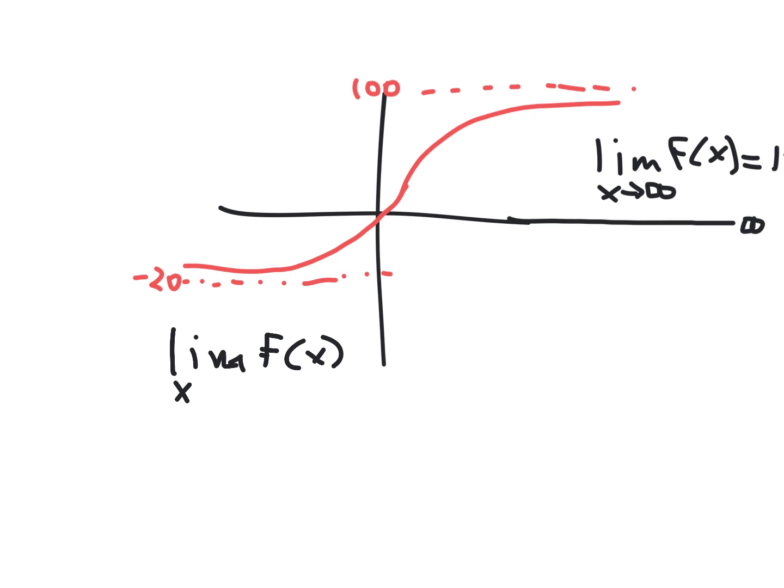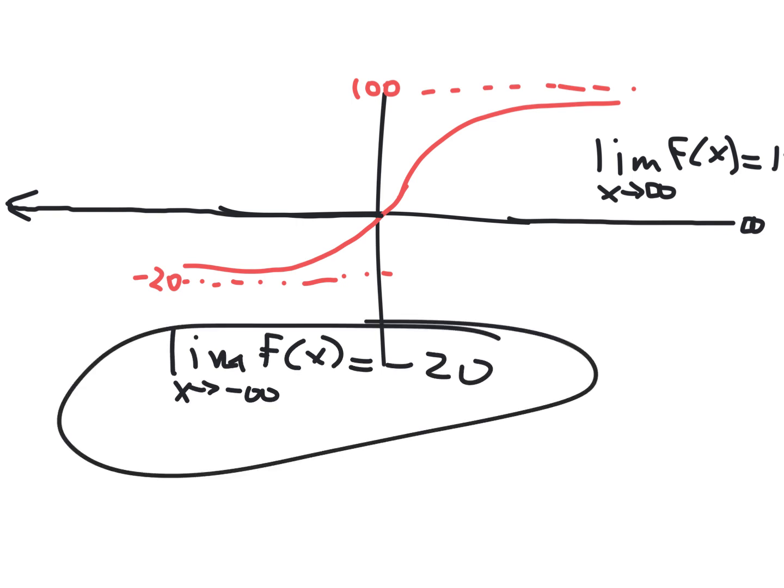Give it a shot. If we're going way this way, what is x approaching? If we're going to the left end, what's x approaching? I can't draw any further help. Negative infinity equals negative 20. Perfect. There is your left end limit.